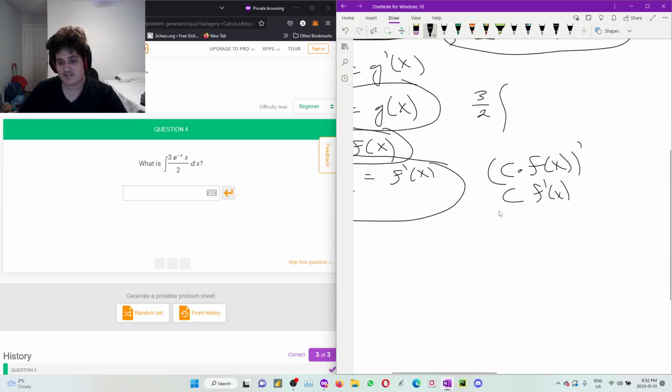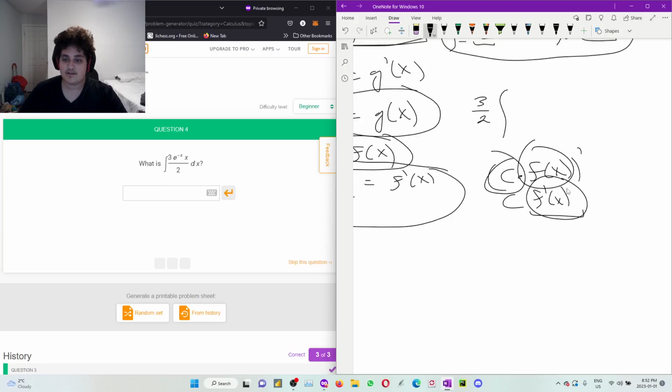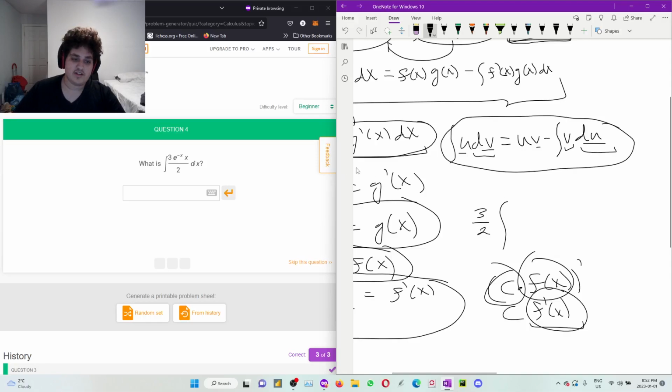So it makes sense if you're integrating: if you're given some constant times another function that you're trying to integrate, you can just leave the constant out and integrate the function. So that's why we can take out the 3 over 2, and we're just left with the integral of e to the minus x times x dx.